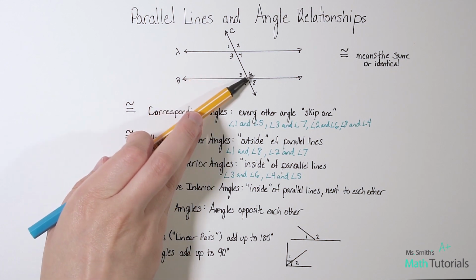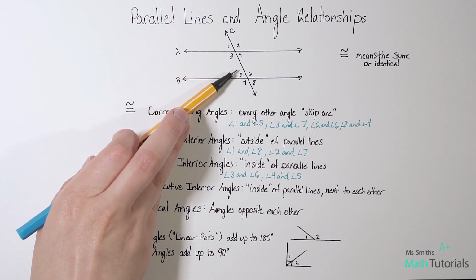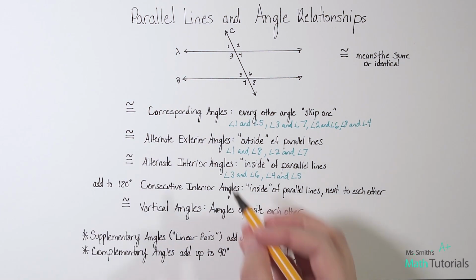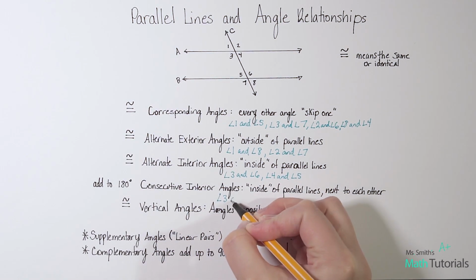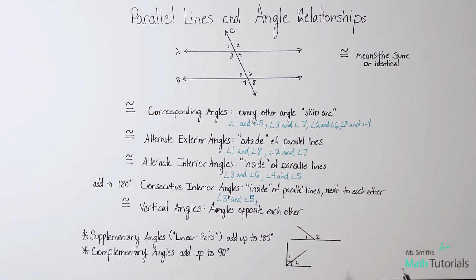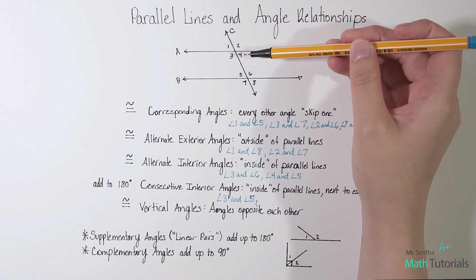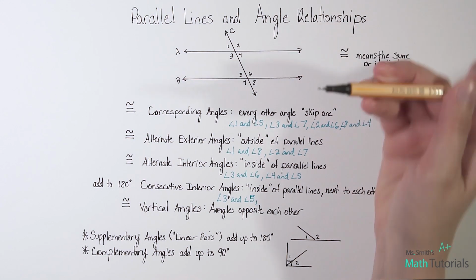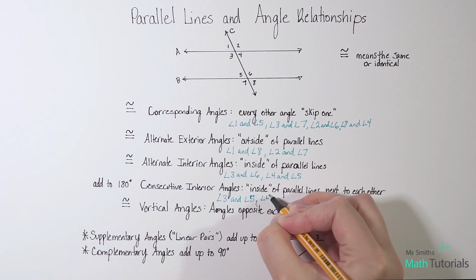We're not going alternate. We're not switching to the other side. We're going consecutive, straight down. So 3 and 5 would be angle 3 and angle 5. And then the other consecutive interior would be angle 4 and angle 6, right beside each other.